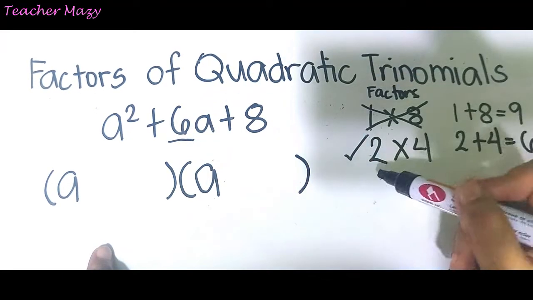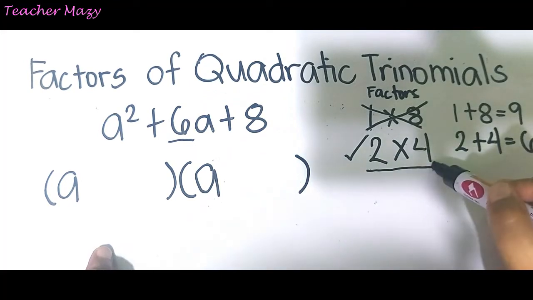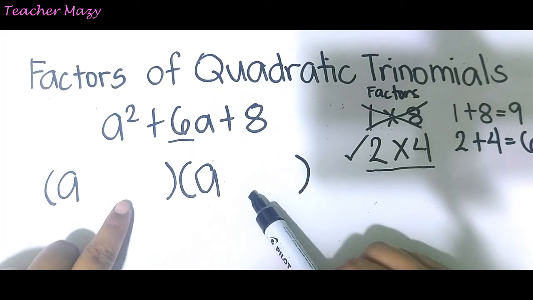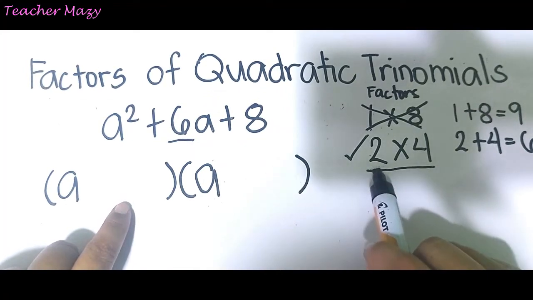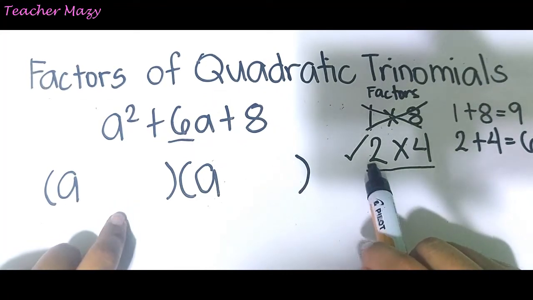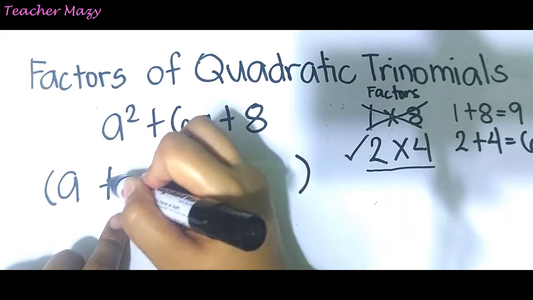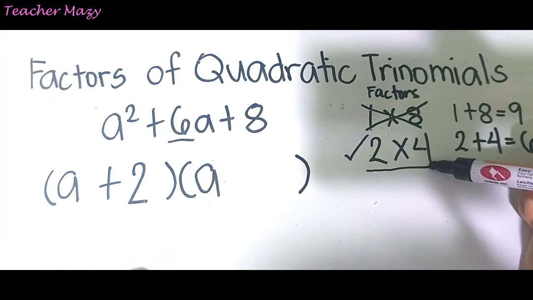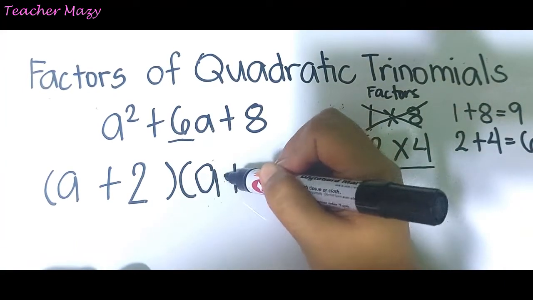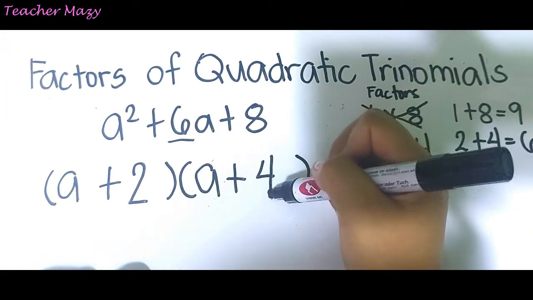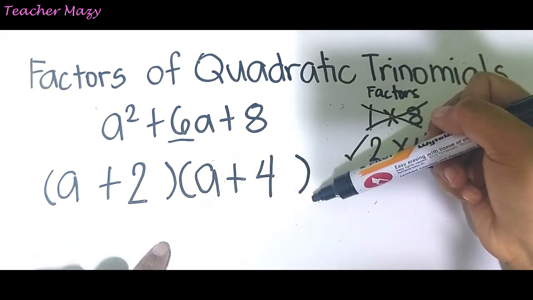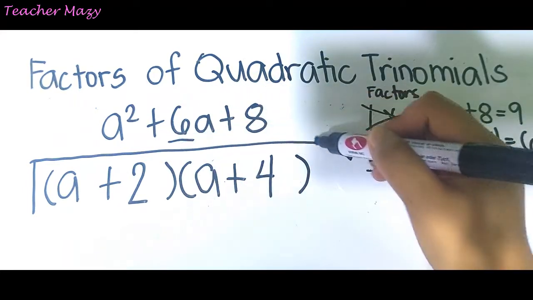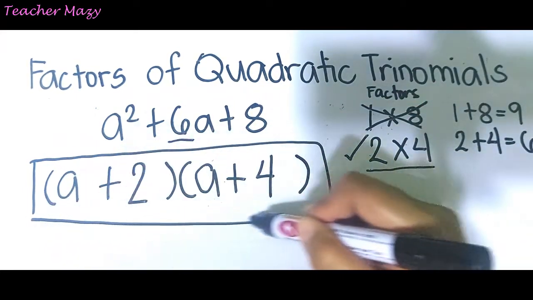Next, using these factors, let's write them in both quantities. So this is positive 2, and this is positive 4. And this is the answer. These are the factors of the given quadratic trinomial.